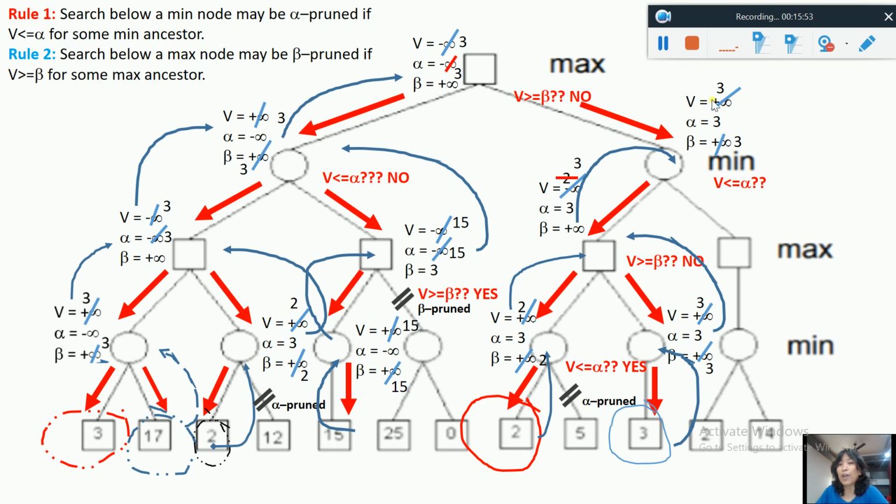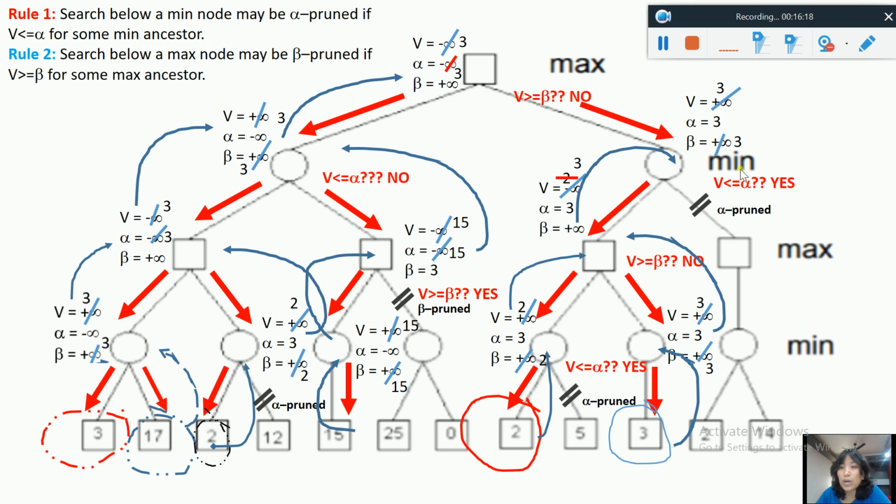Now again we will check search below min, that is, whether v is less or equal to alpha or not. As v is equal to alpha, it will prune the whole branch, and we call this pruning alpha pruning.